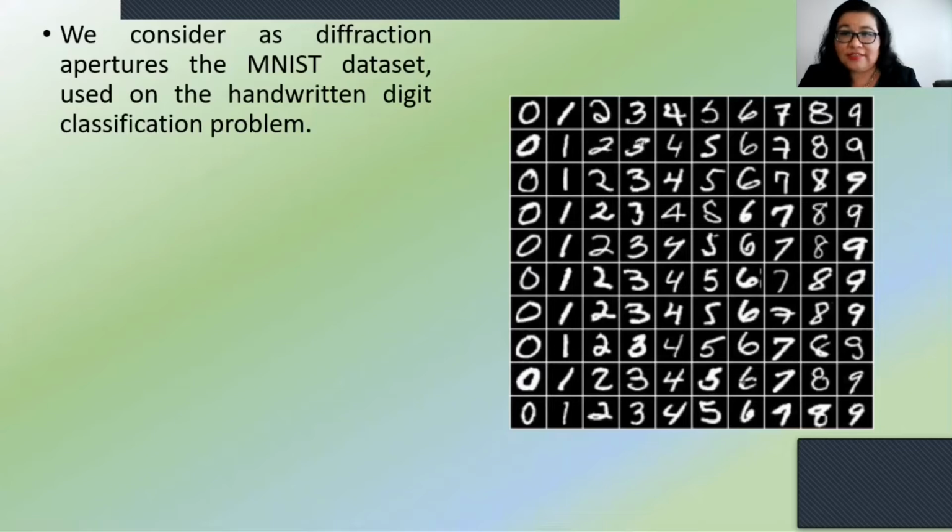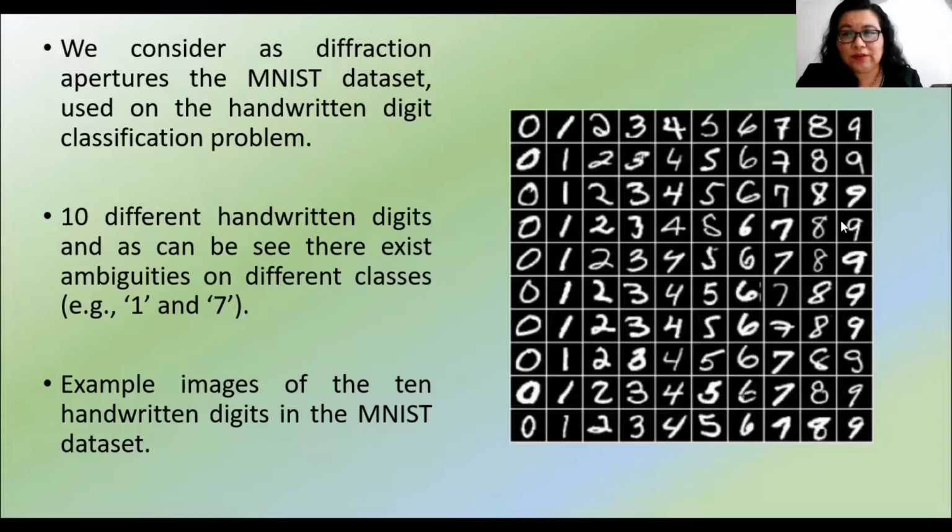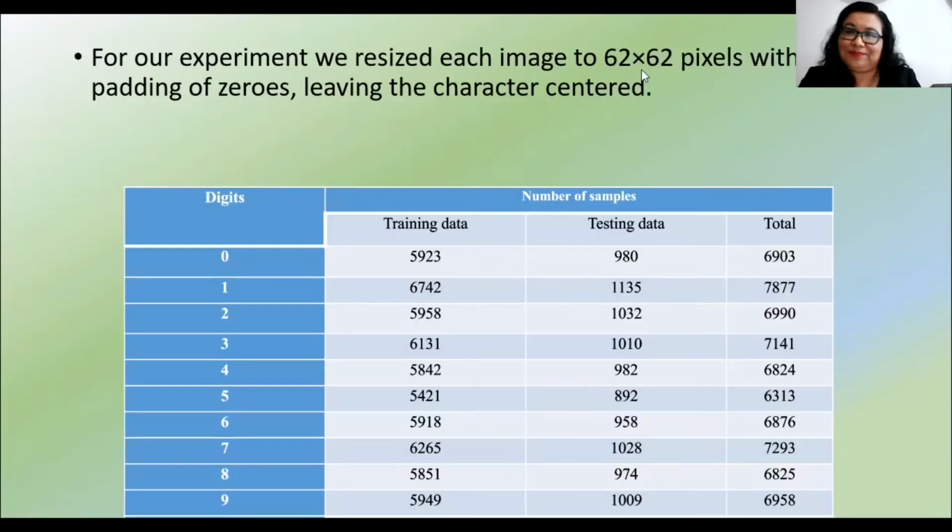Each digit is represented as a 28 by 28 pixel grayscale image with a black background and a white character centered in the square. In this figure, you can see 10 different handwritten digits, and as can be seen, there exist ambiguities between different classes. For example, there are some 7s that look like a number 1.